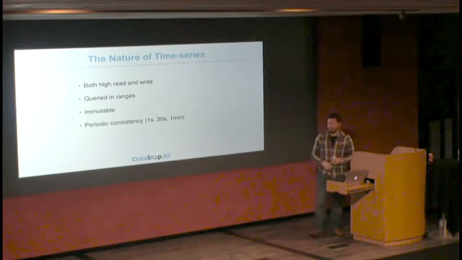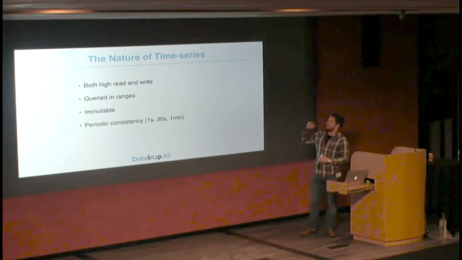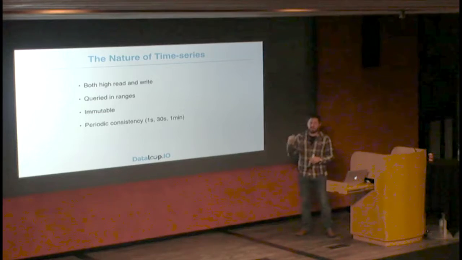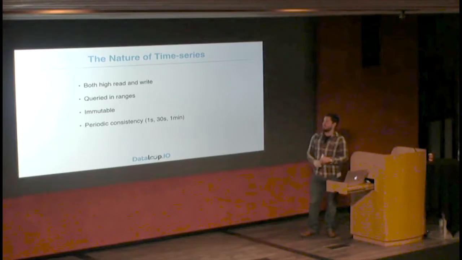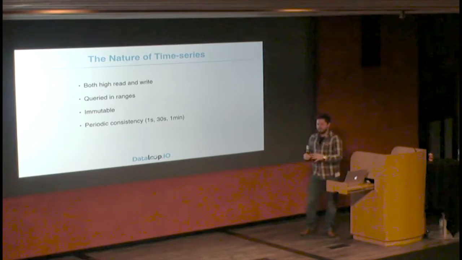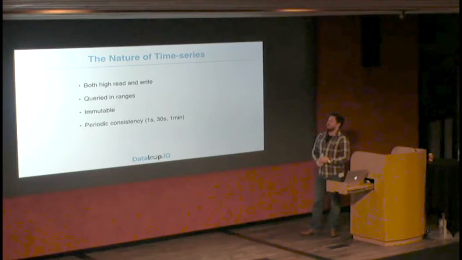So to get back on track with time series, there are some key aspects to how time series data works. The painful part is that you need to support high writes and high levels of reads at the same time. You're trying to get the data in as quickly as possible, but then you also need to pull it out pretty quickly as well.